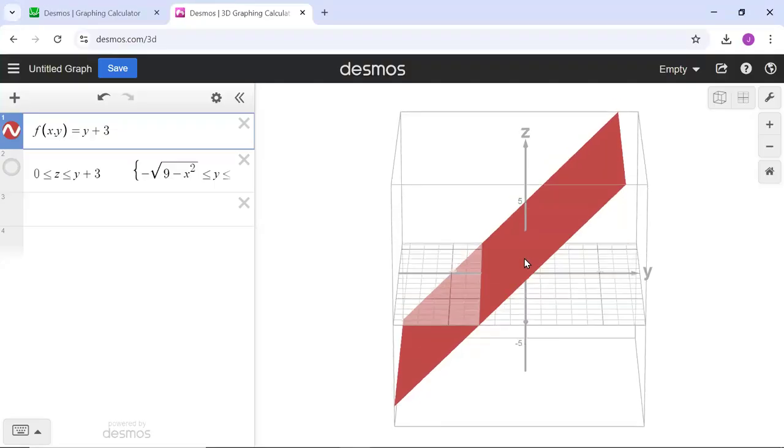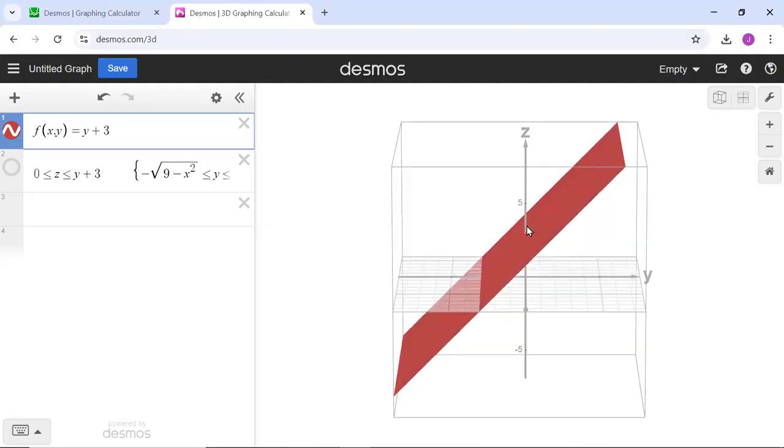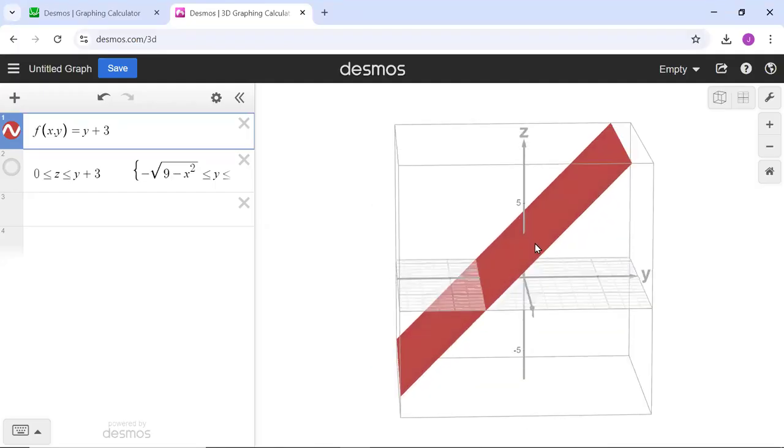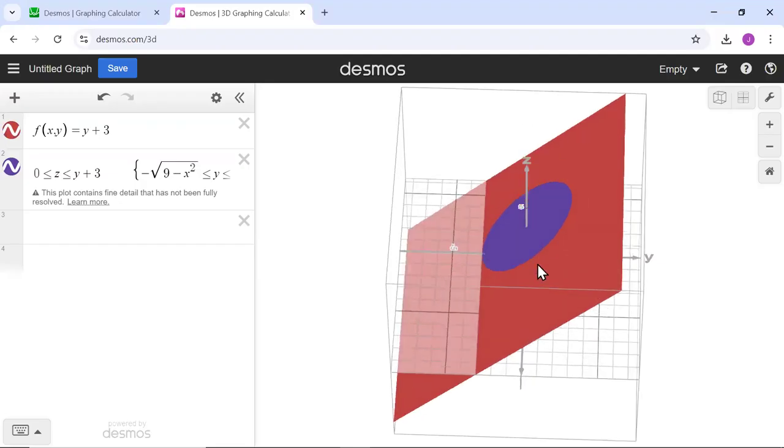Now the surface, f of xy equaling y plus 3, that's just this plane right here, this plane on a diagonal. And what we were doing is we were finding the area under this surface over the circle in the XY plane.